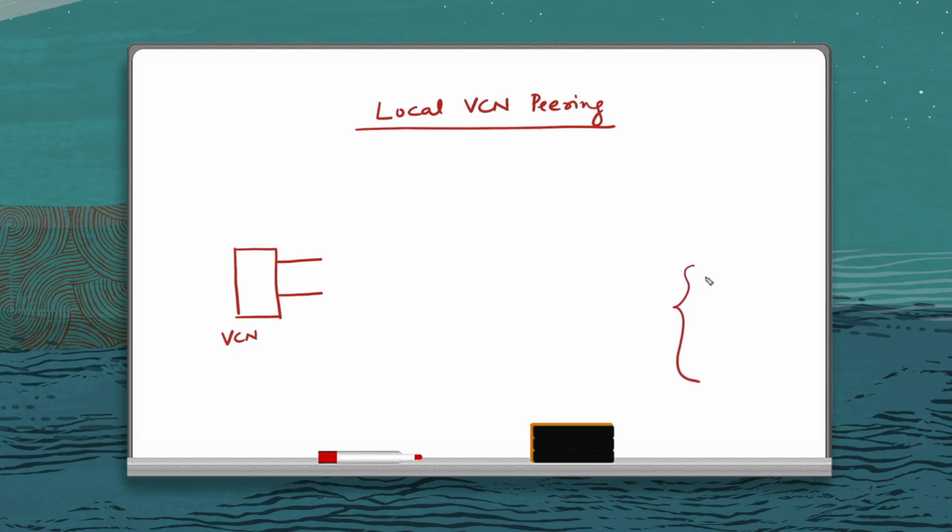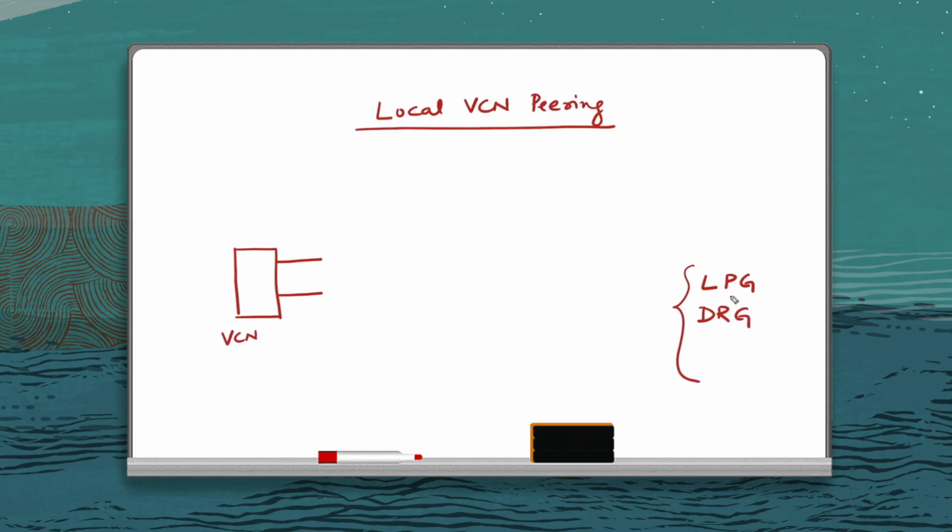So you'll keep on hearing these terms. The first one is local peering gateway. Then we have dynamic routing gateway. These all are virtual routers, and we'll talk more about these in the upcoming lessons.